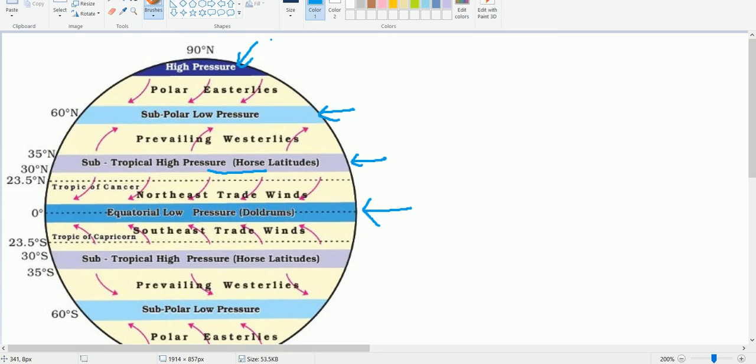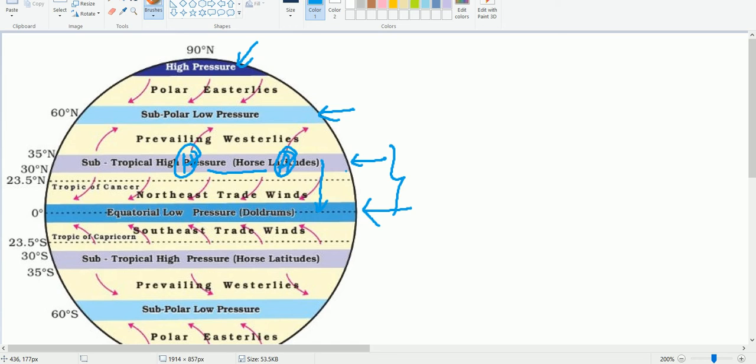And so from the subtropical high, see in this area, here we have high pressure, and from the subtropical high pressure, the wind is blowing towards the equatorial low pressure, towards the south in the northern hemisphere.